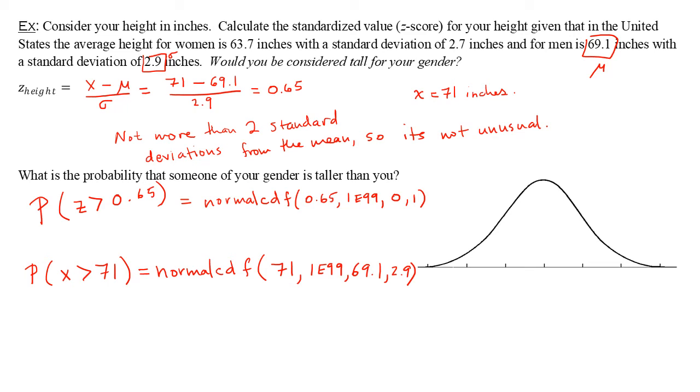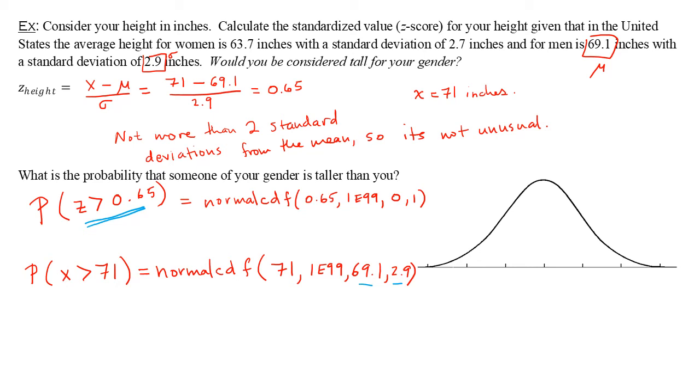Instead of using the standard normal distribution, we can just input the new mean and standard deviation, and that way we don't have to worry about computing a z-score. But really, the z-score translates that height into a more standardized value that we can compare with other heights as well.